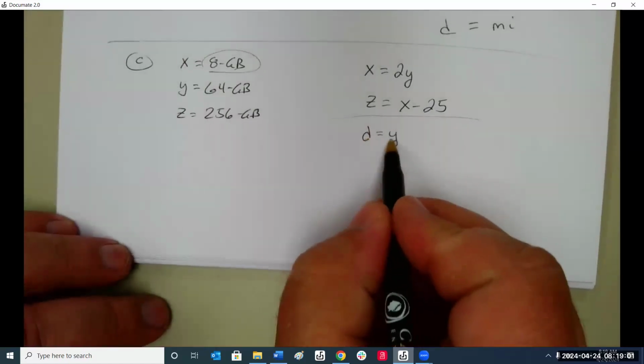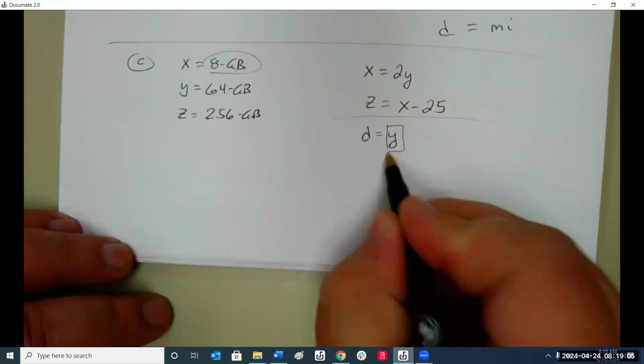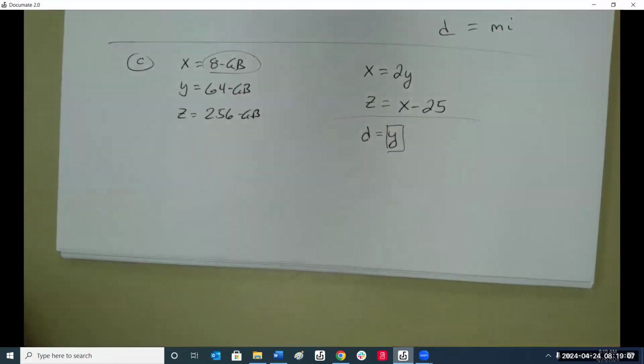Since we know we sold D number of 64 gigs, all we know is that it has to equal Y. So how do we do that?